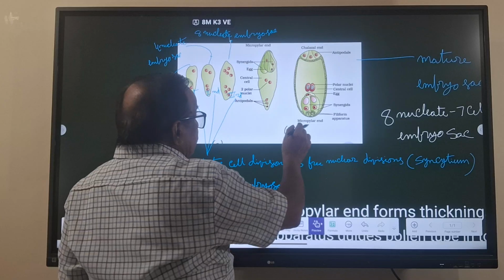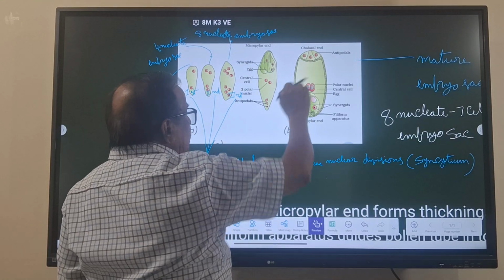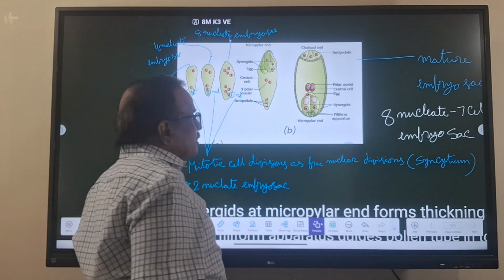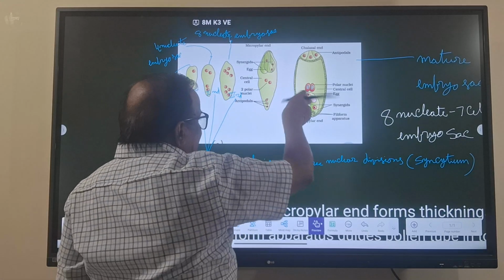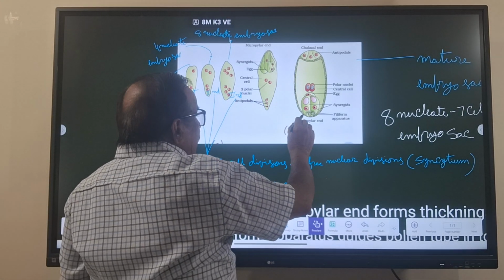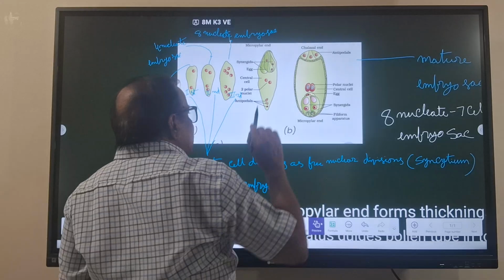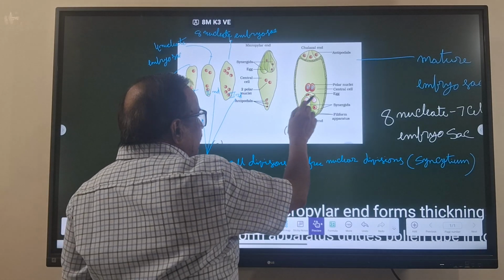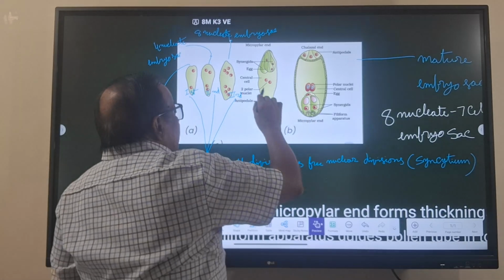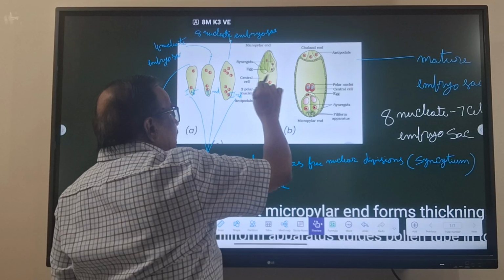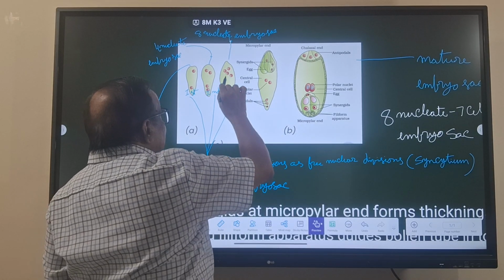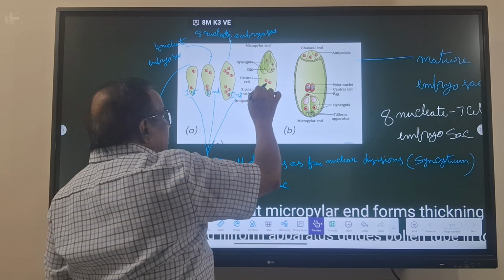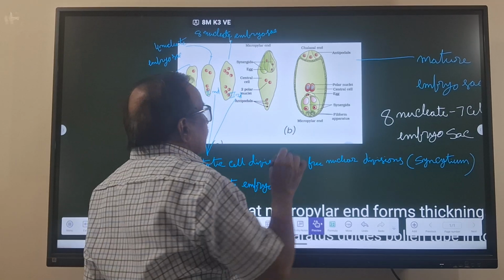In the matured embryo sac, the female gametophyte, at the micropylar end the egg apparatus is present: the 2 synergids and 1 egg. And these are the polar nuclei, which were left from here, and this one and this one are called polar nuclei.